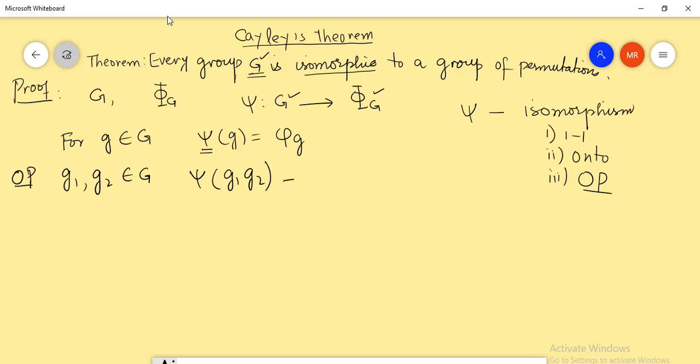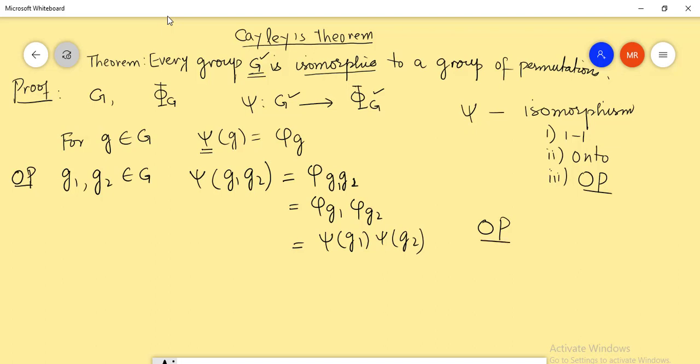By definition, we know that this is phi_g1g2. And using equation 1, we can write this as phi_g1 times phi_g2. Or, once again using the definition, this is psi of g1 times psi of g2. And hence the mapping is operation preserving.